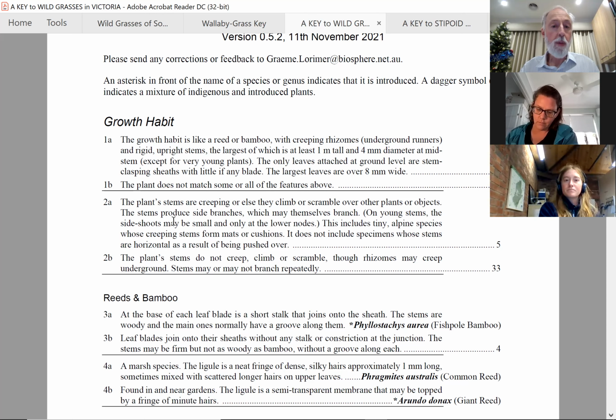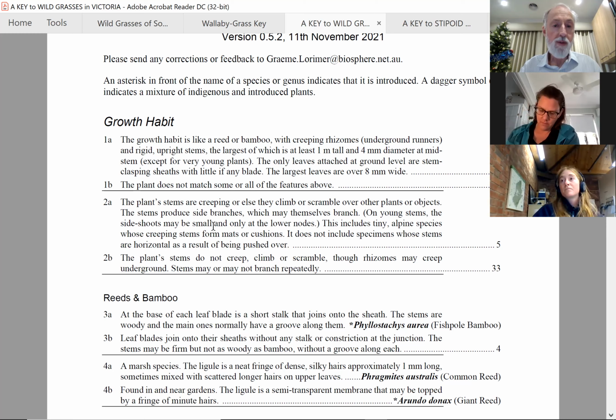2A says the plant stems are creeping, or else they climb or scramble over other plants or objects. These stems were quite upright. The top of them were arching over a little, but they were certainly self-supporting. There's no way you would call these Chilean needlegrass specimens creeping or climbing or scrambling.